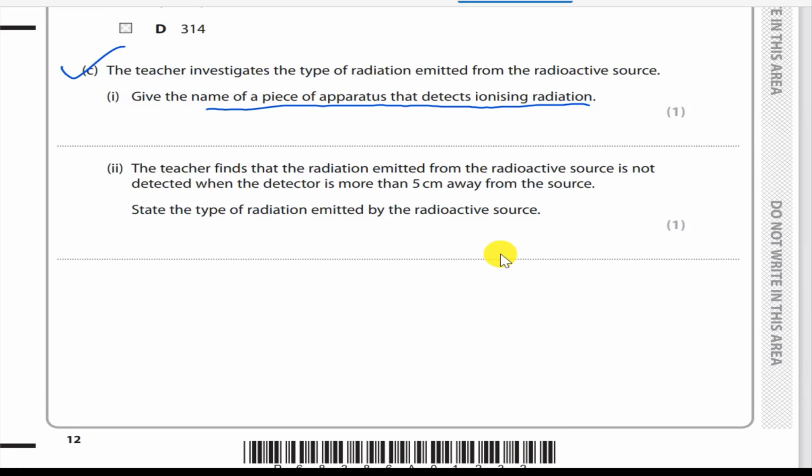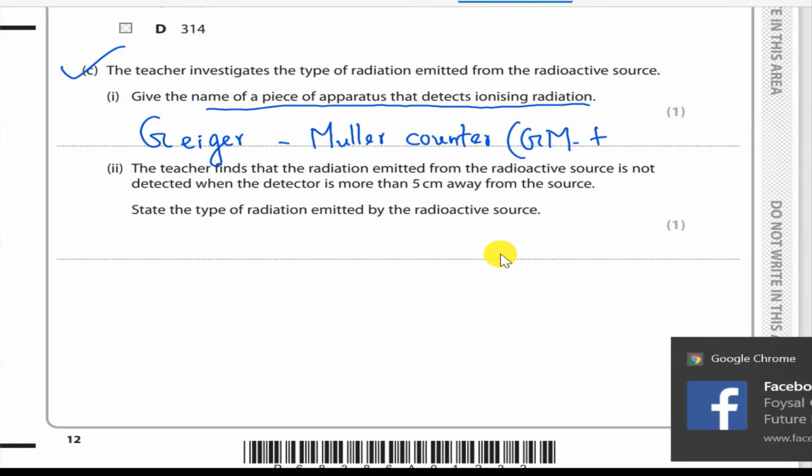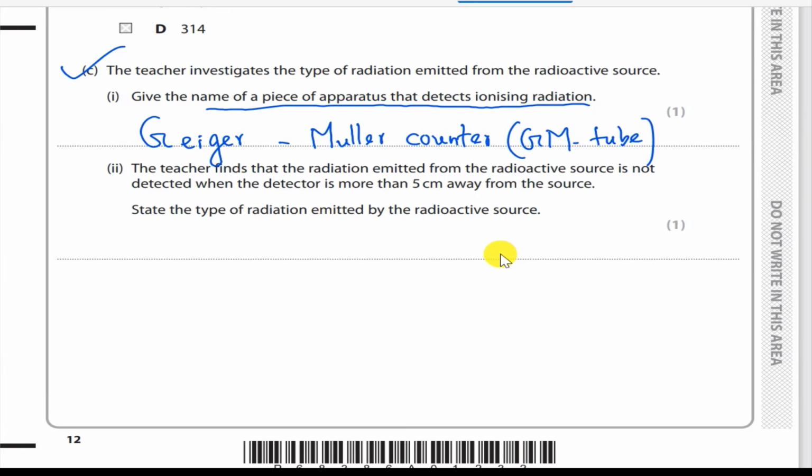Ionizing radiation can be detected by using a Geiger-Müller counter, or only GM tube. GM tube is the short form. Or photographic film.